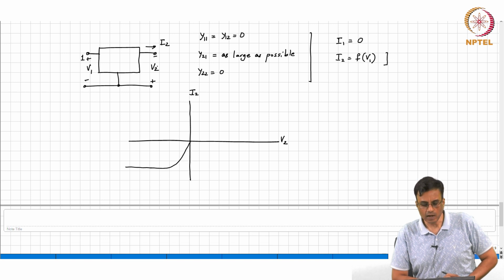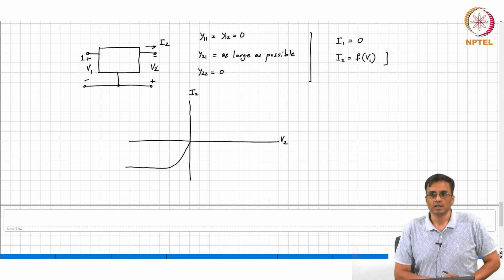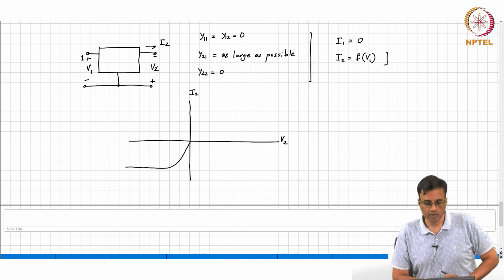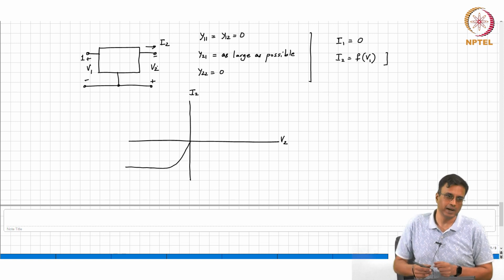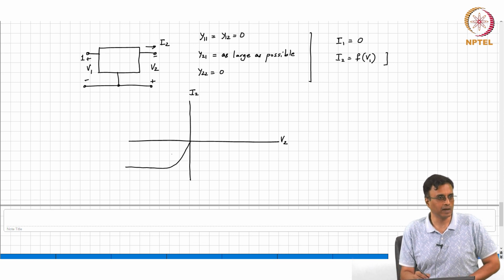This way V2 and I2 can be, if you compare it with our earlier NMOS 2-port, just reversed in sign. The reason to do that is that otherwise you have to turn your head 180 degrees and look at the graph.